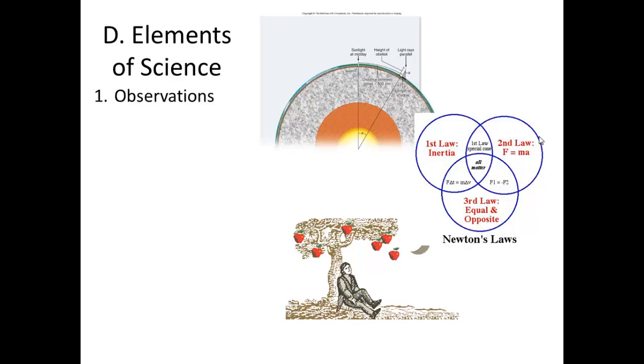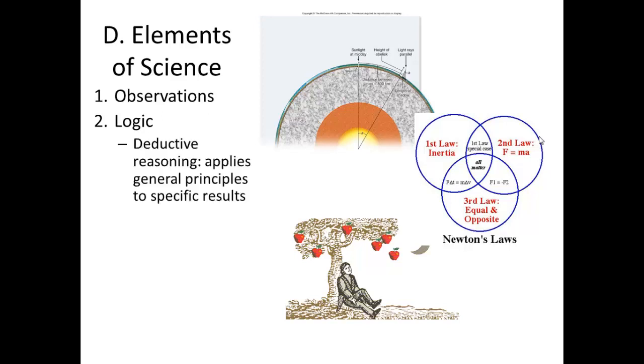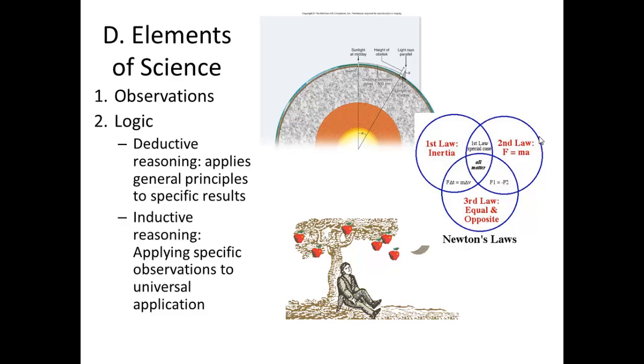So some of the ways that we do that: first, in order to come up with questions, we have to make observations, and we have to use logic within those observations to make our theories. So logic may fall into one of two major components, including deductive reasoning, where you take general principles and apply them to specific results. Okay, and then inductive, and this is what Sherlock Holmes does, where he sees patterns of behavior and is able to predict how a person acts based on those patterns of behavior.